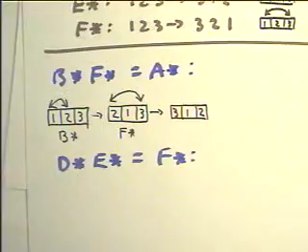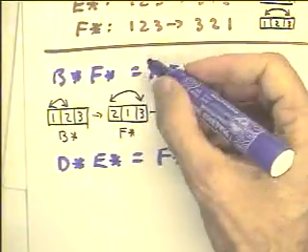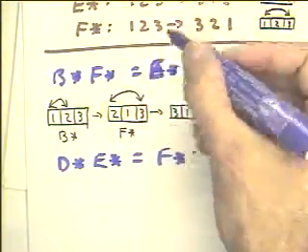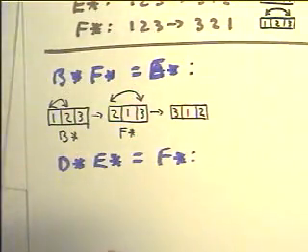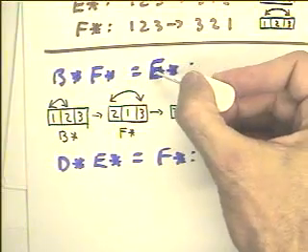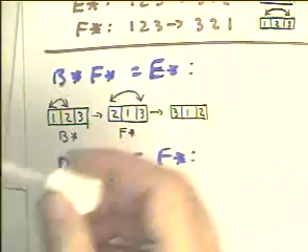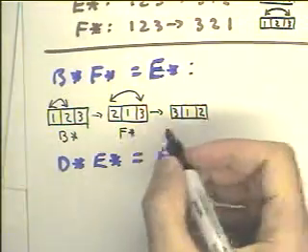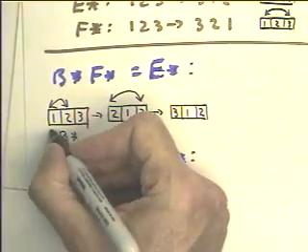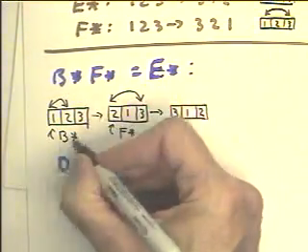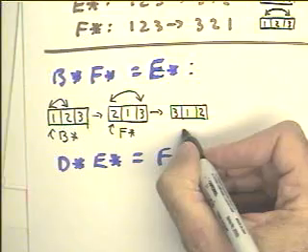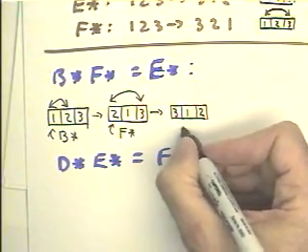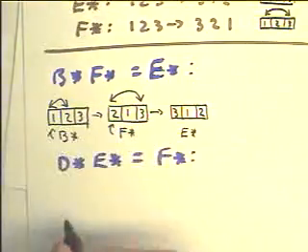And for some reason I'm calling that the A star transformation, so I'm going to have to change that to an E. So we apply B star to this one, we apply F star to the result, and what we get is the same as if we'd applied E star to the original.